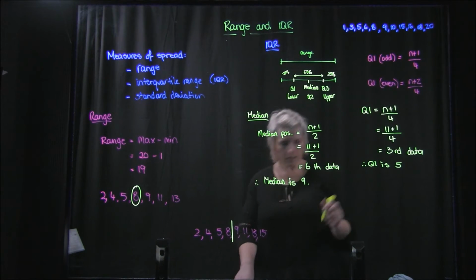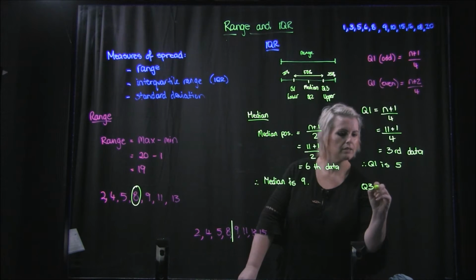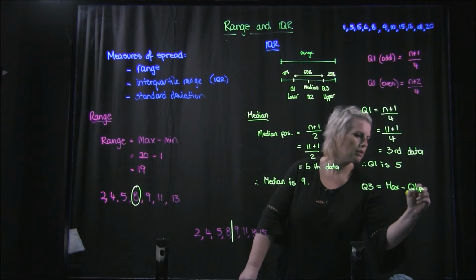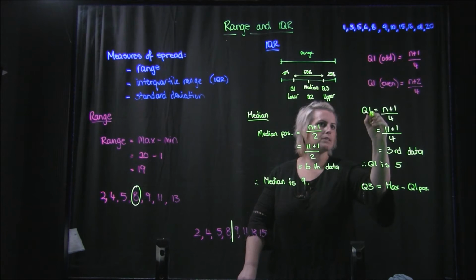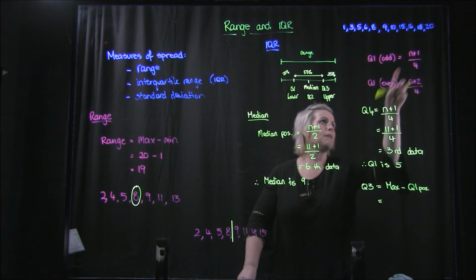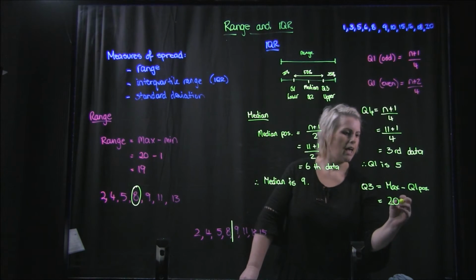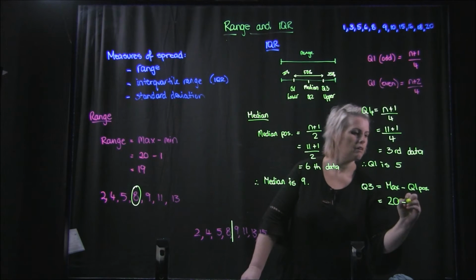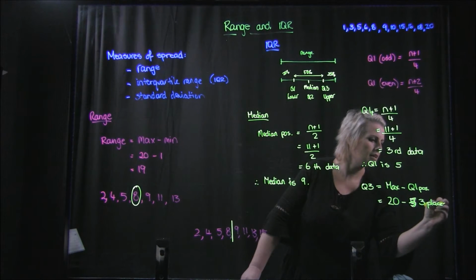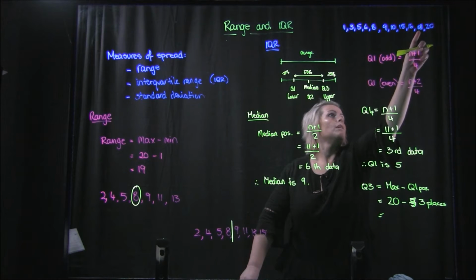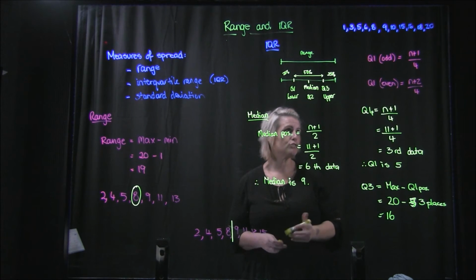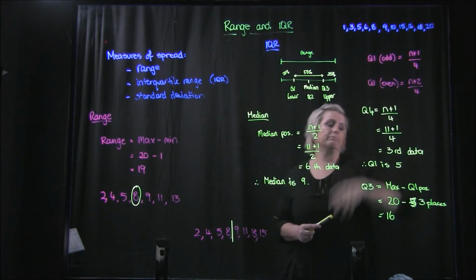Now for Q3, I go backwards from the maximum by the same number of places: 3 places, so place 1, 2 and 3 from the other end.